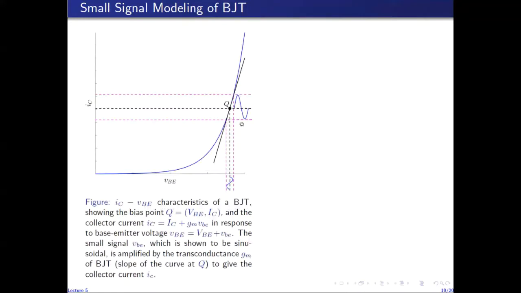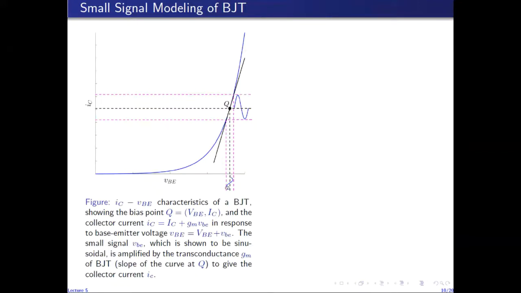Here again, I show graphically what is actually going on. These are the IC-VBE characteristics shown in the blue line, and the vertical dotted line represents the DC input voltage, capital VBE, and this horizontal dotted line represents the corresponding DC collector current, capital IC.